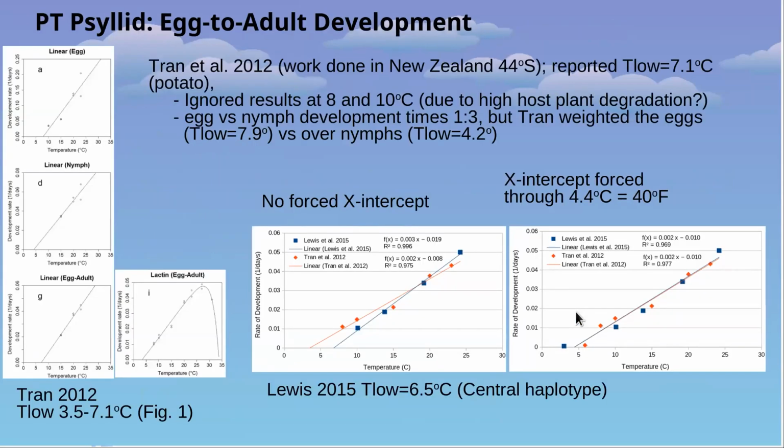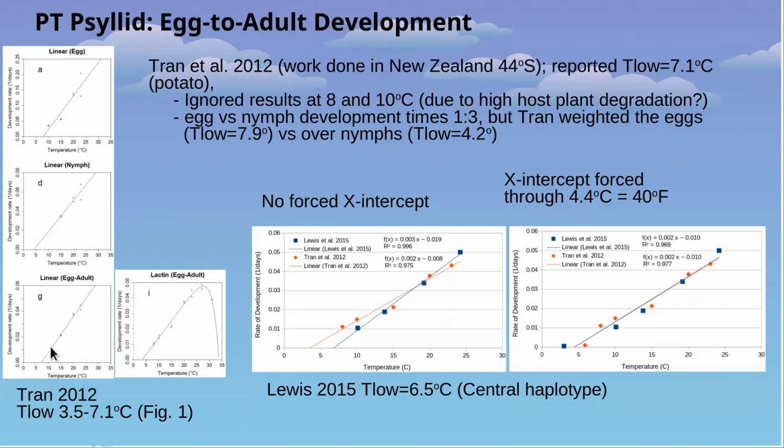So going now to how I did the modeling. Well, I've already explained Tran's work, which is what most people are relying on for building models. In the same graph, for the same data, he's leaving out the 8-degree and the 10-degree points for some reason.